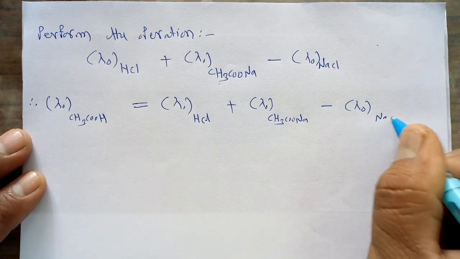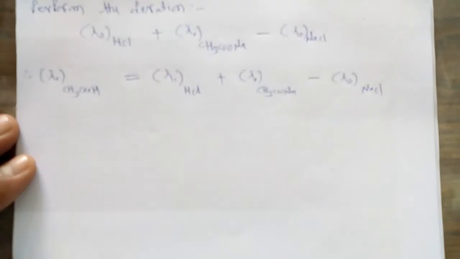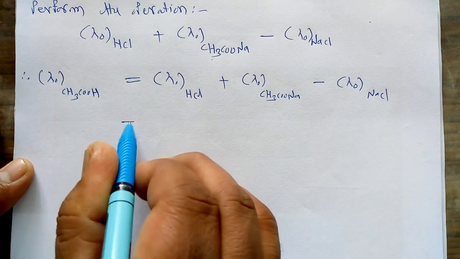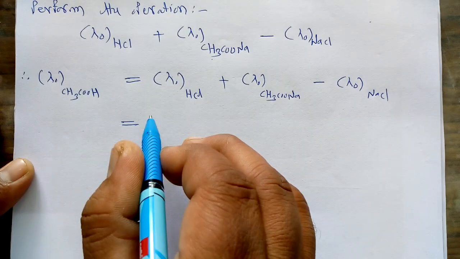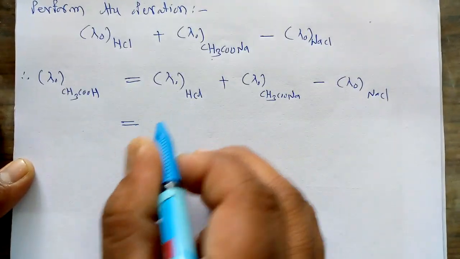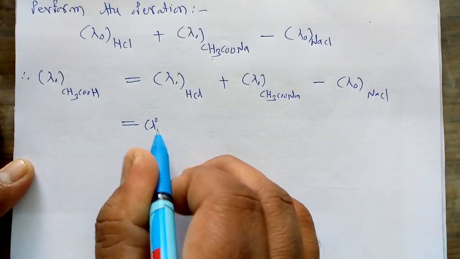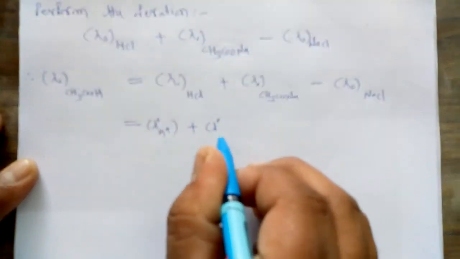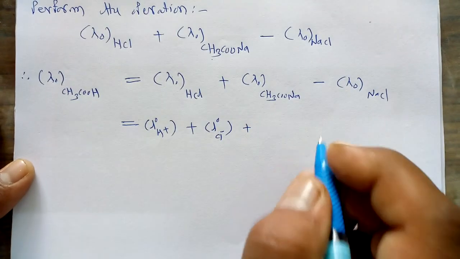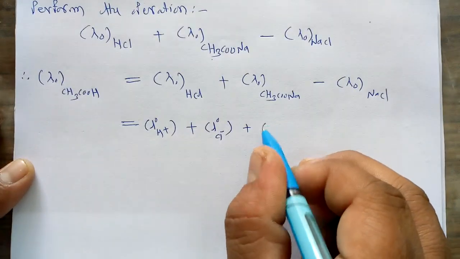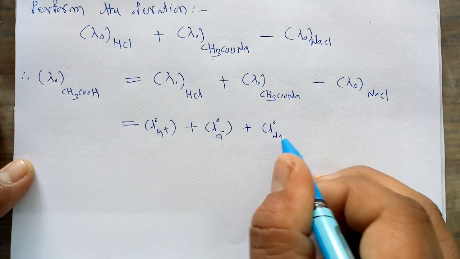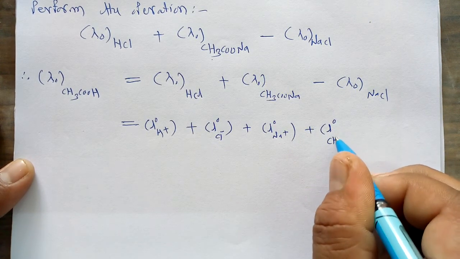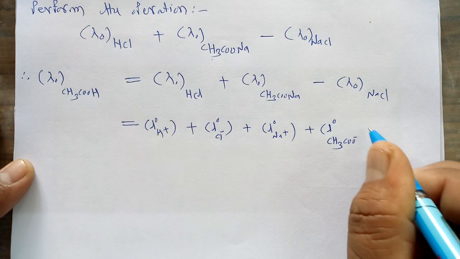Now after taking this simple operation, we have to take the contribution of each and every cation and anion. So again we write lambda 0 for HCl is the contribution of lambda 0 of H plus, plus the equivalent ionic conductance of Cl minus. For the second term, it is the equivalent ionic conductance of Na plus, plus the equivalent ionic conductance of CH3COO minus.